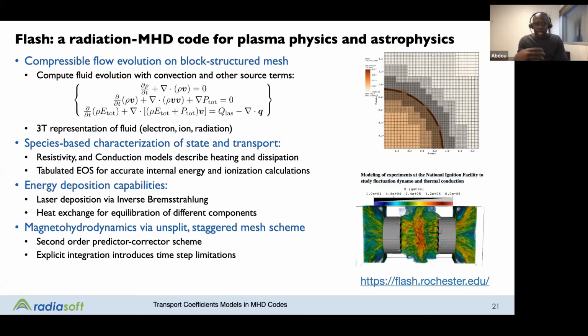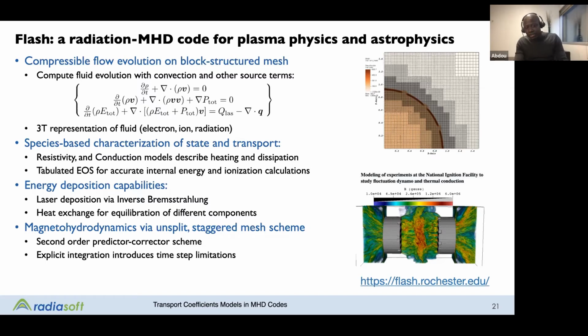For transport coefficient models, we have different options in the code, and we've added these new transport coefficients. In terms of equation of state, you have the option of either using ideal gas, which is quite fast, or if your system is more complicated, the code does accept equation of state tables, and we've been working on building equations of state using QEOS and other more complex equations of state.